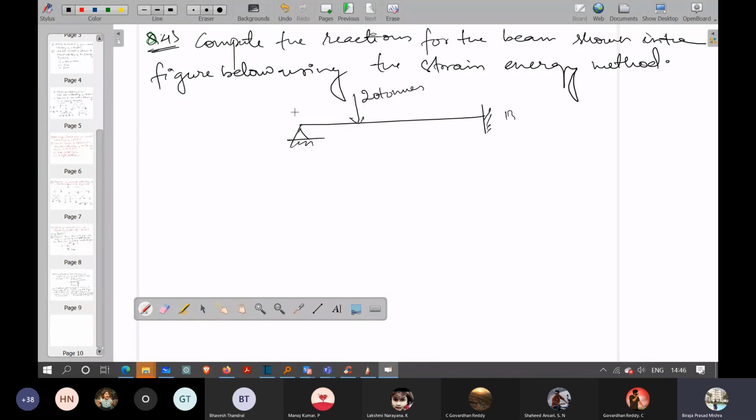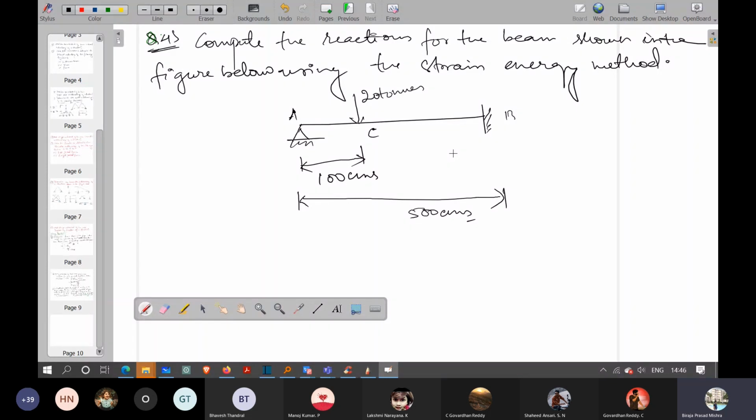This is B. This is A. This is C. And this distance is, let's say, 100 centimeters, and this one is 500 centimeters.